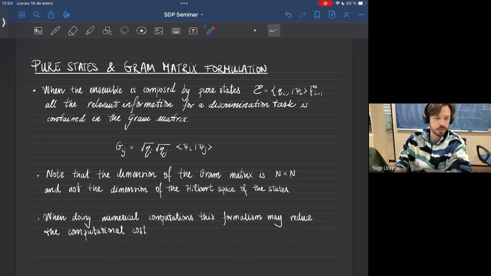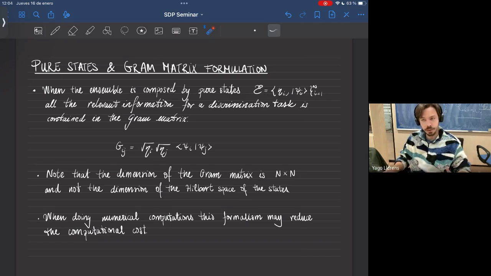This could also be useful for numerical computations, because you are reducing the cost of solving the matrices that we encounter in the SDP. So 2 to the n compared to n, if it is 2, it's 4 equal.